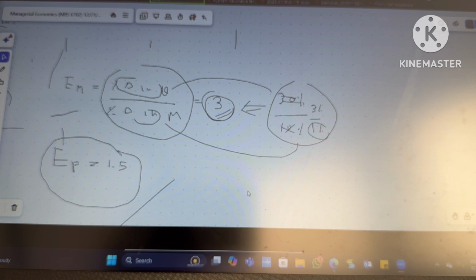In either direction: if price increases, demand will come down; if price decreases, demand will go up. Okay? Right. Now let's go to the normal lecture. This is actually okay.